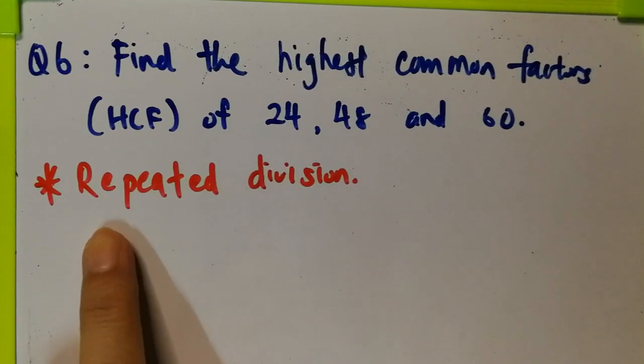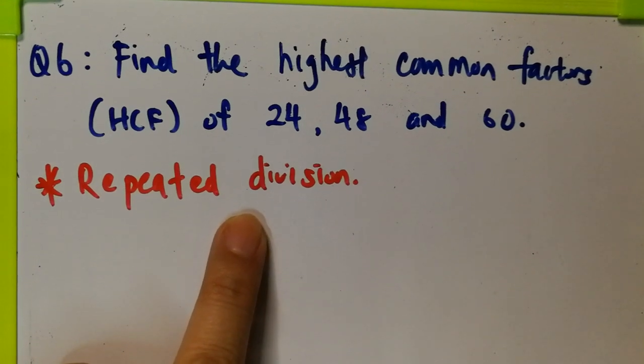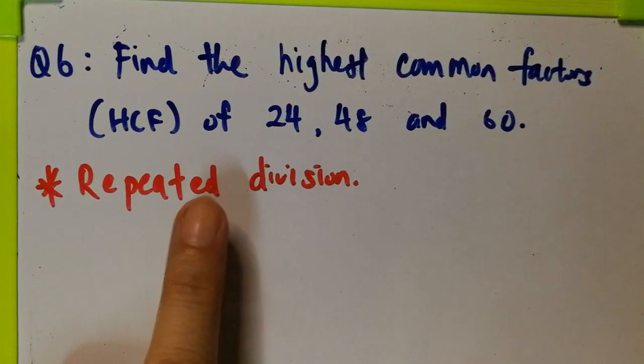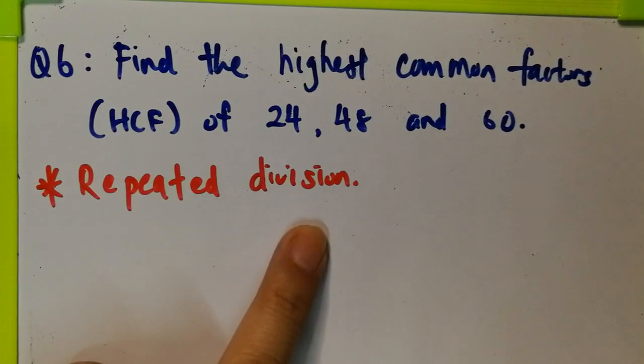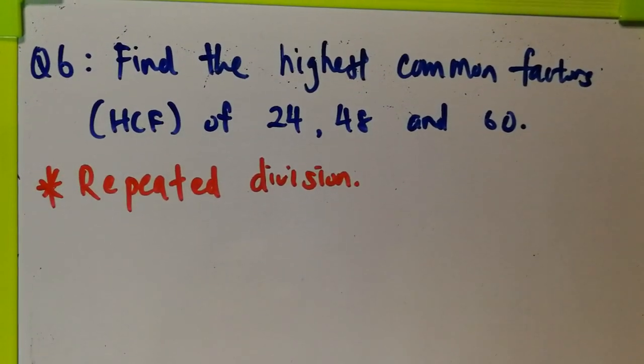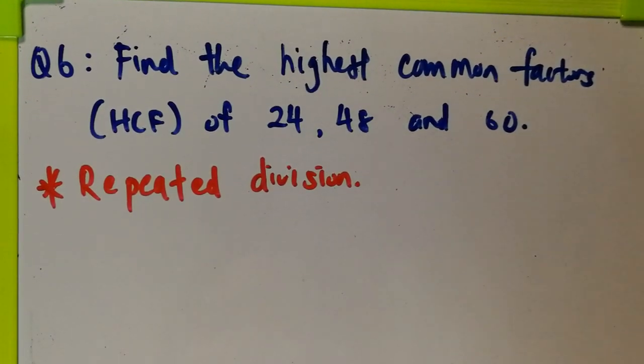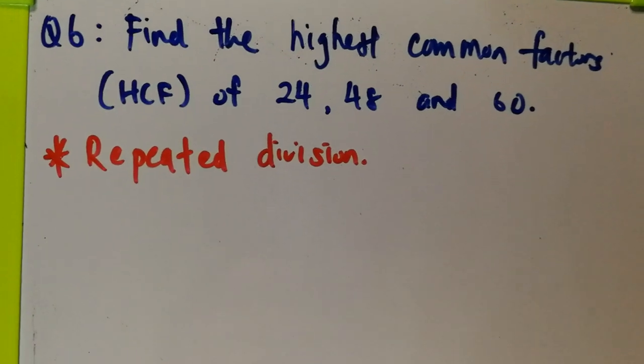The method we use to find the highest common factors is known as repeated division. We repeat the division until the numbers cannot be divided any further, then I multiply the divisors. After that I will get my highest common factors. Let me show you how this question goes.